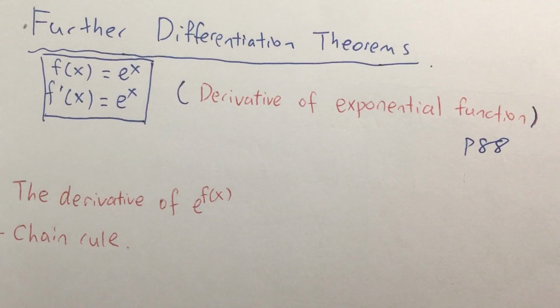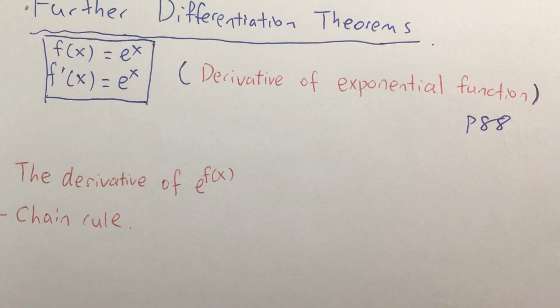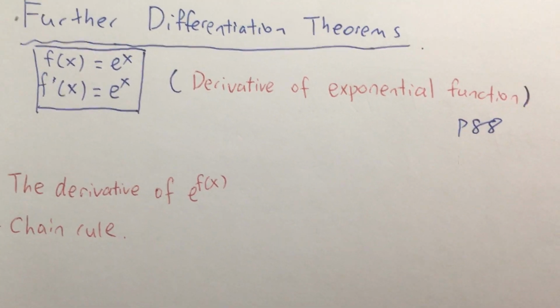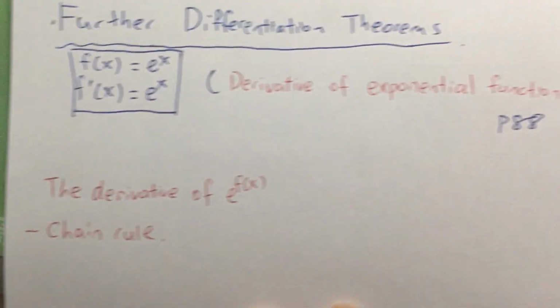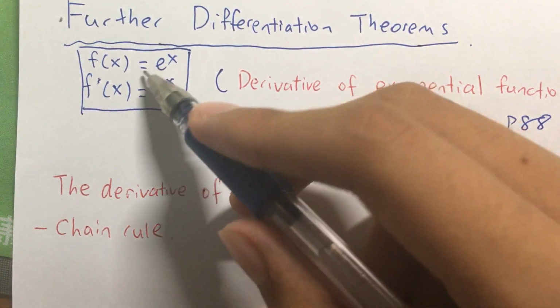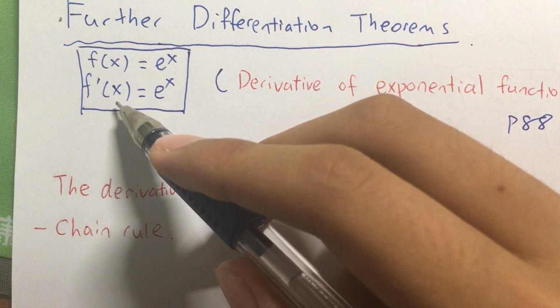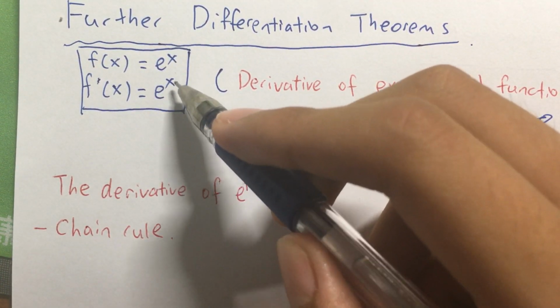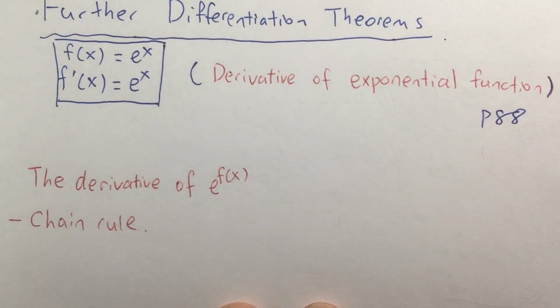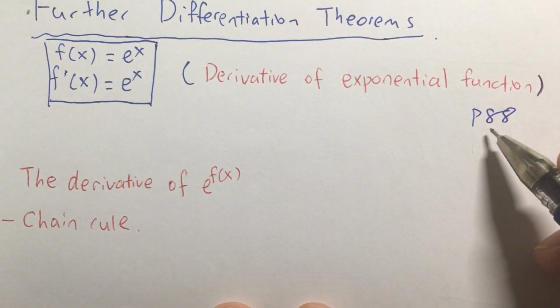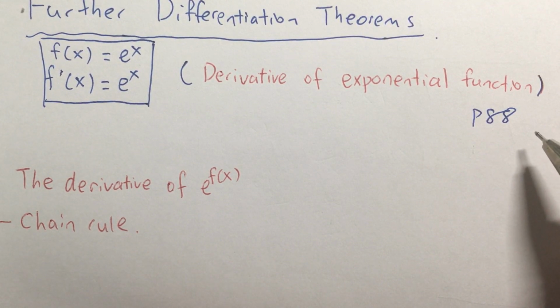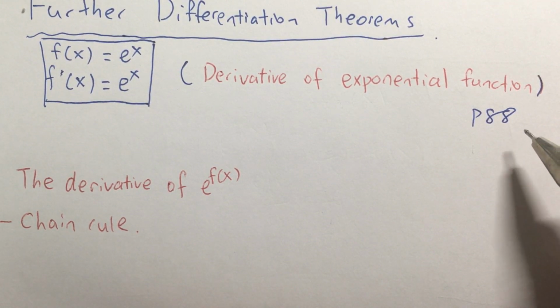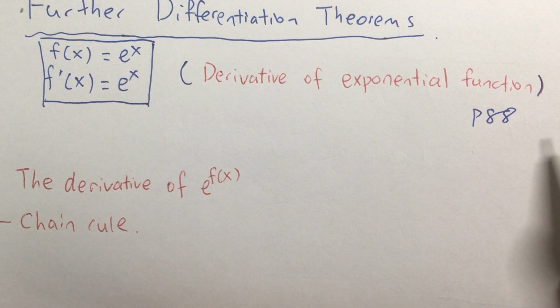And now let's move up to further differentiation theorems. This is the derivative of the exponential function, which is f of x equals e to the power of x. Then f dash x is the same as e to the power of x. The proof is on page 88 in our textbook, because the proof is quite complicated and it's not in our curriculum.